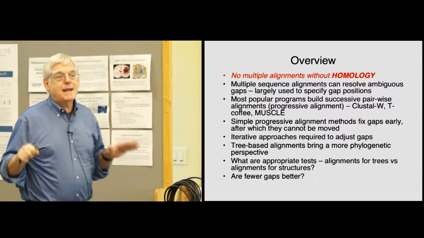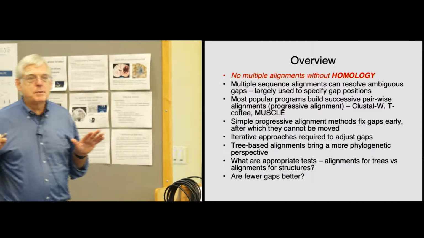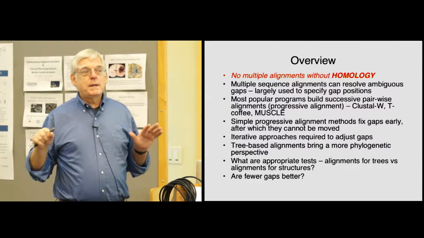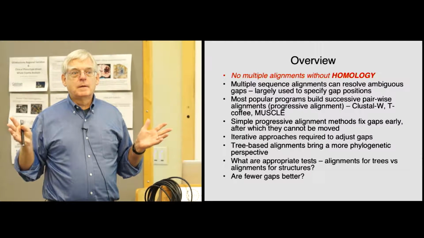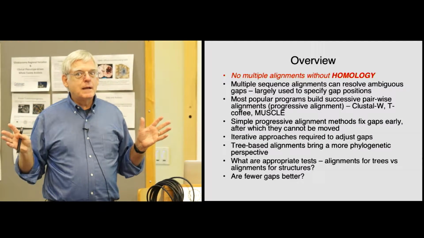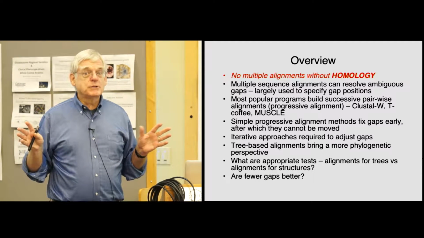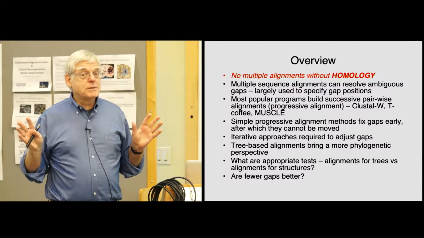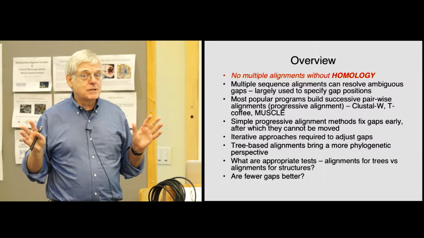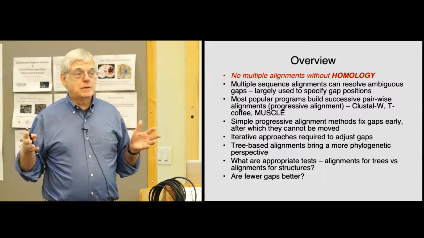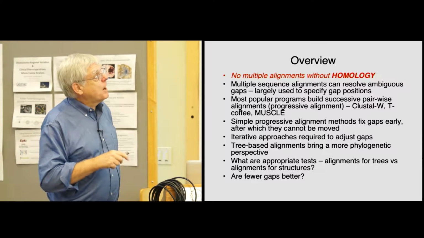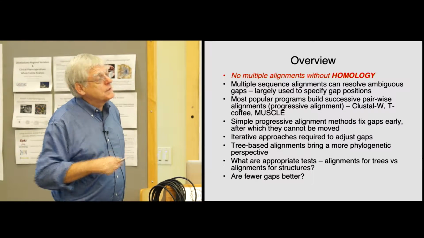I can't say that strongly enough because I've been in lots of seminars where people said, these things are related, here's a multiple sequence alignment. Well, if they're not related, it doesn't make any sense to do a multiple sequence alignment. Multiple sequence alignments don't have any statistics associated with them. They do not provide any evidence for homology. You have to have the homology first. So that is the number one thing to remember.